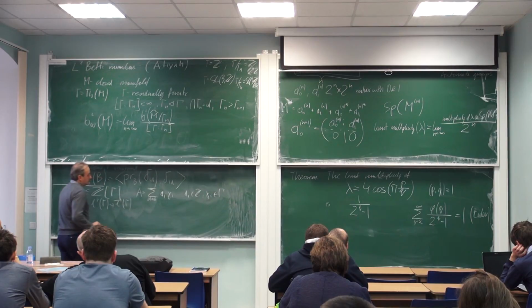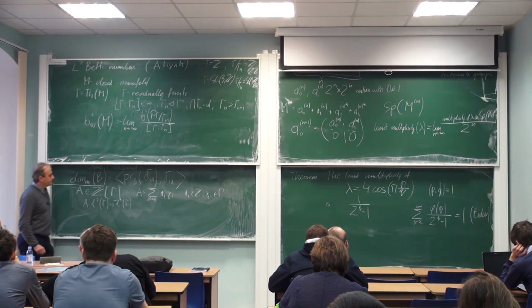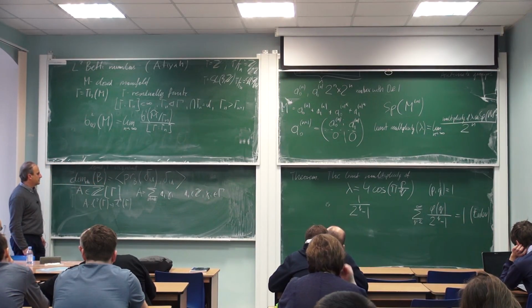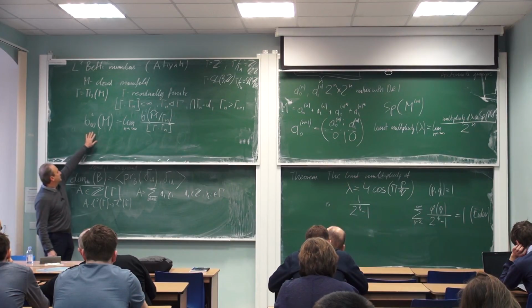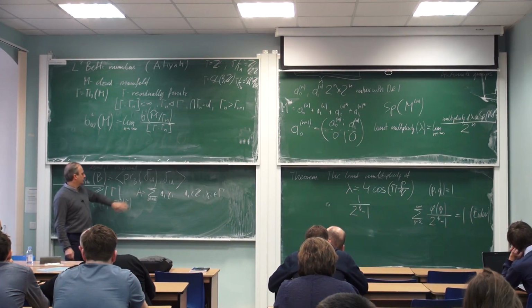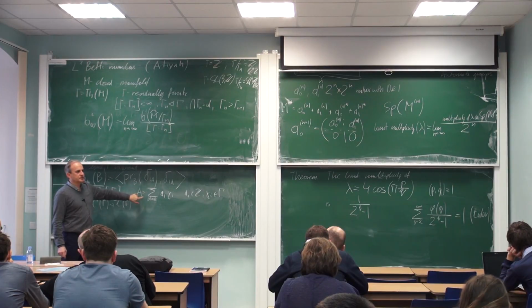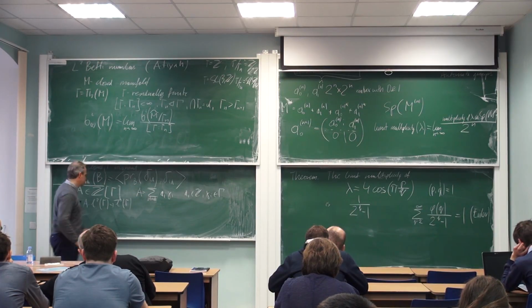Okay, and these L2 Betti numbers are computed as the von Neumann dimensions of the kernels of this operator.